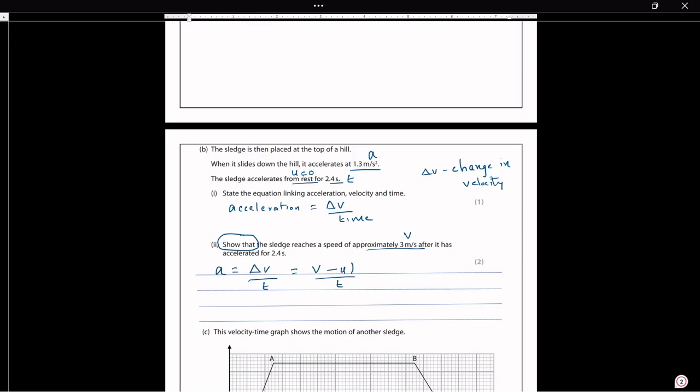Now the change in velocity, we don't know the value of v. This is what we have to calculate. So we have a equals v minus u over t. Now while calculating, I can give you another way of calculating this using Suvat equations. The first Suvat equation is Suvat equations.